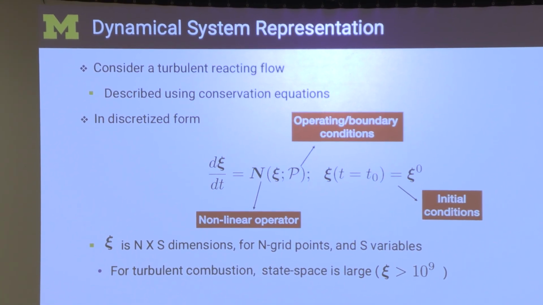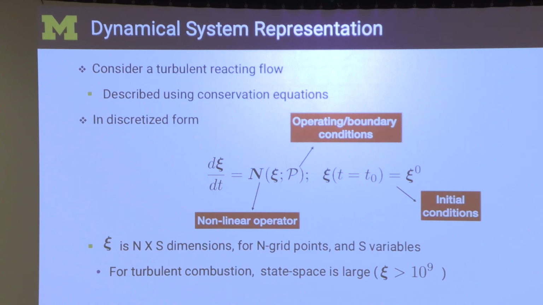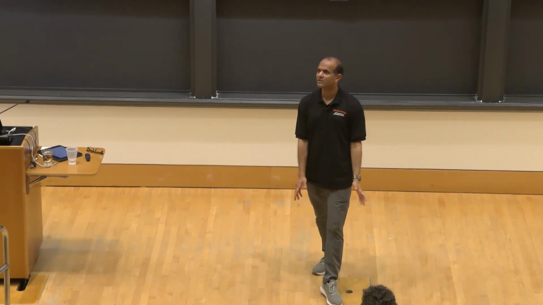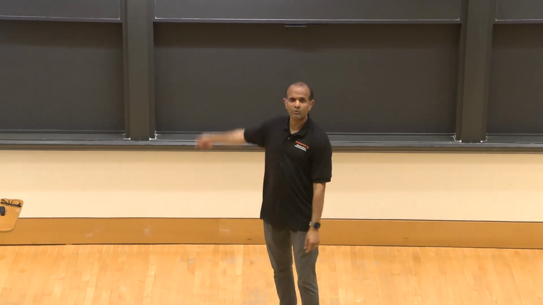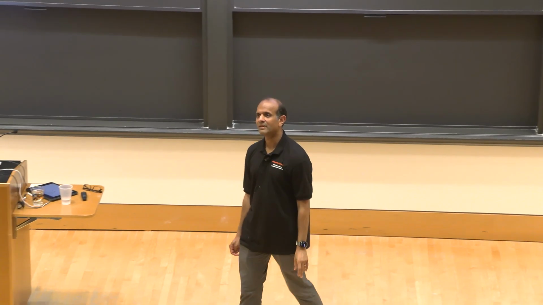Now, if you look at turbulent combustion and you want to do DNS, that psi is very long. Typically, I said 10^9, but many of the problems we do now have about 10 or 20 billion grid points. There are maybe 30 species in them. So it's getting close to 1 trillion degrees of freedom. So it's about 10^12 variables inside. That vector is 10^12 long, right?